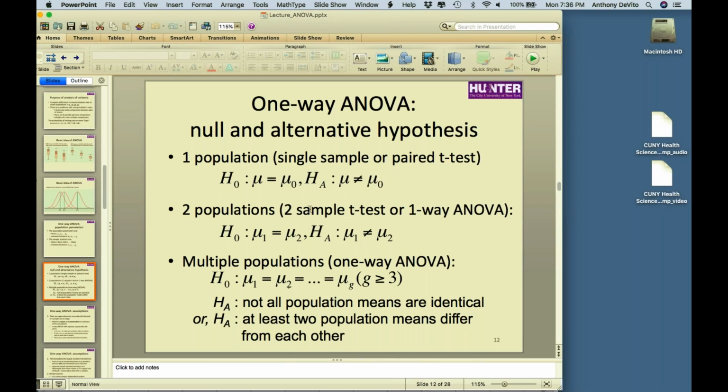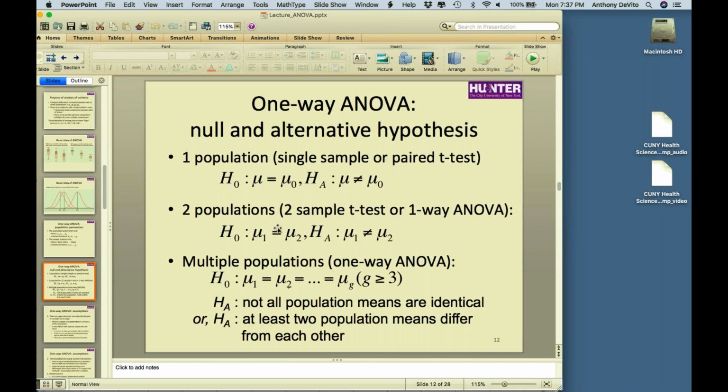When we go to do a 2-sample t-test, we have 2 samples, so we want to compare. Our null hypothesis is that mu1, mu for the first population, is equal to mu for the second population. Notice all our hypotheses always use mu. They never use X bar, because we may be working with X bar and standard deviation to demonstrate this, but our objective is always to prove that the means of the populations are different, not the means of the samples.